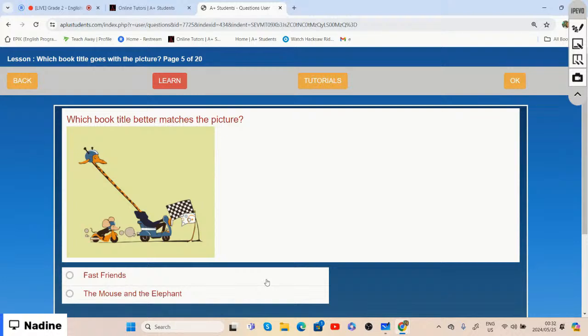So is it option one, which is Fast Friends, or option two, which is The Mouse and the Elephant? Is that even a mouse and an elephant in the picture?